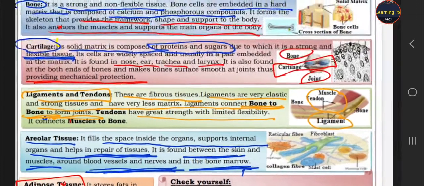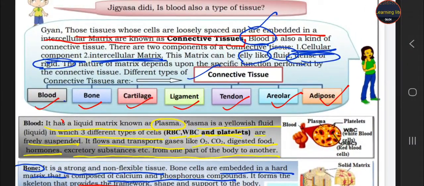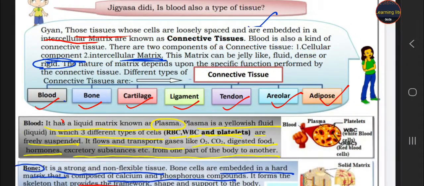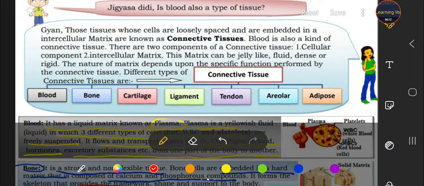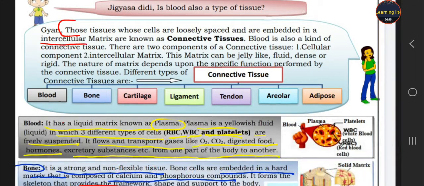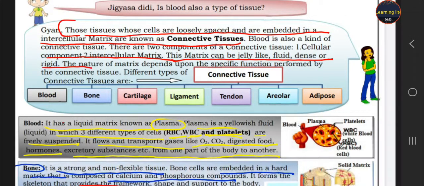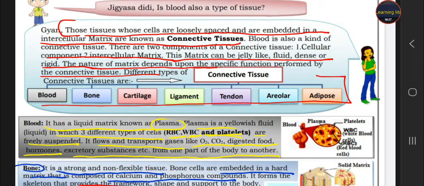What is connective tissue? Explain with example. So your first answer is, this is your first answer, student.